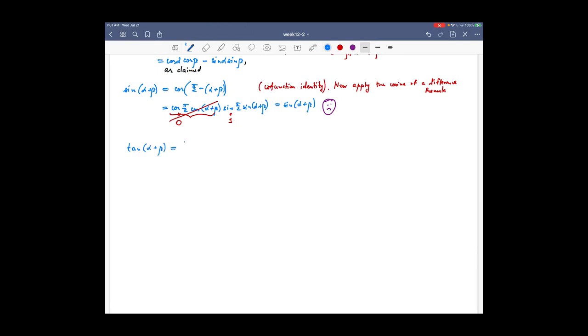Tangent of alpha plus beta is sine of alpha plus beta over cosine of alpha plus beta. And sine of alpha plus beta is sine alpha cosine beta plus cosine alpha sine beta, over cosine alpha cosine beta minus sine alpha sine beta.